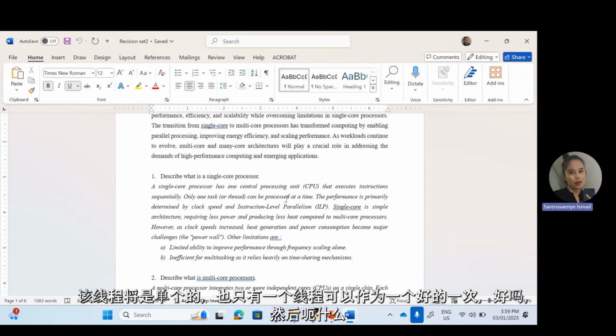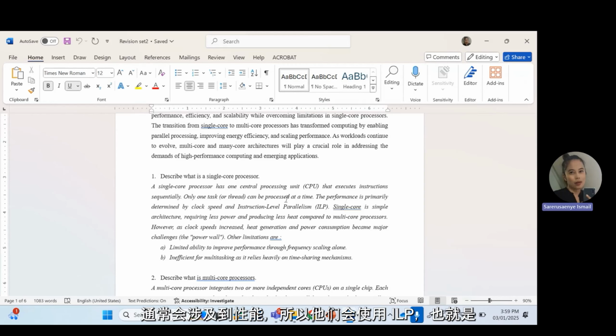Only one thread can be executed at one time. The performance normally uses ILP, instruction level parallelism, same as the very old versions of RISC.